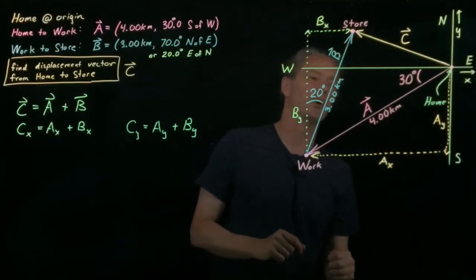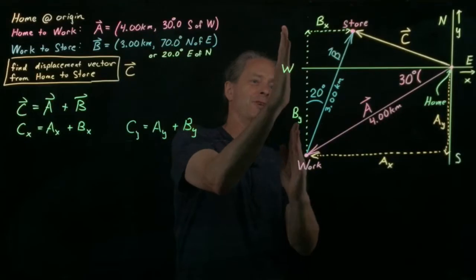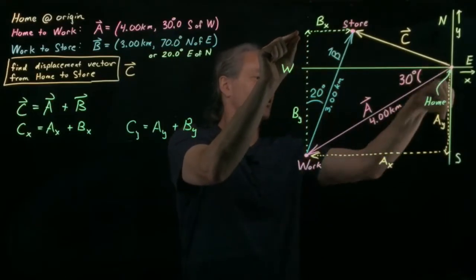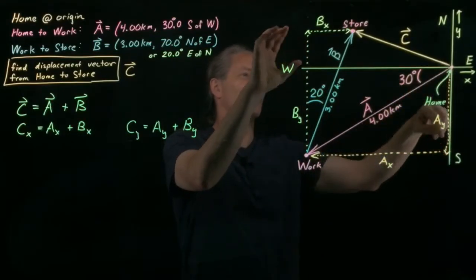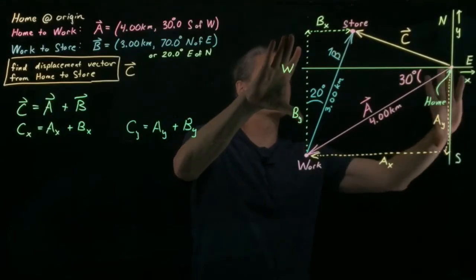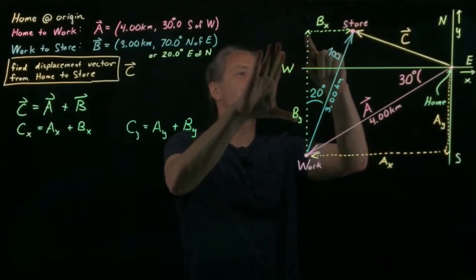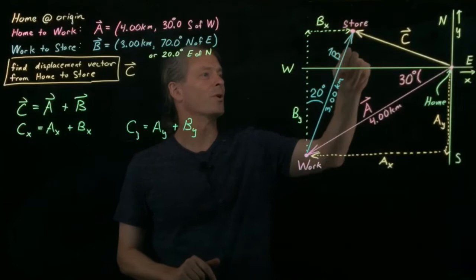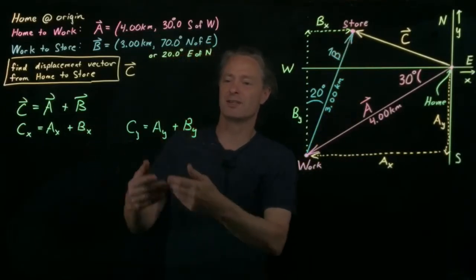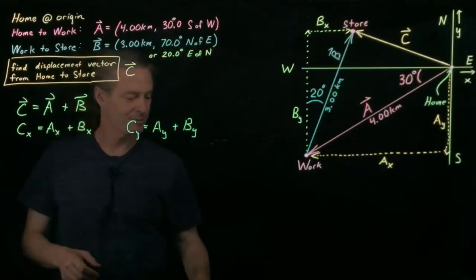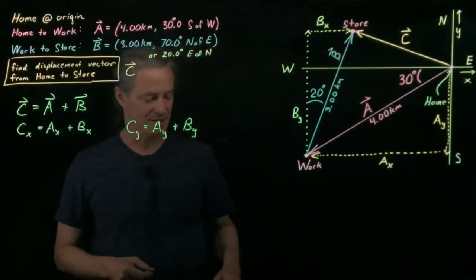Likewise for the y component, I've got this y component upward, I've got this other y component, which is negative downward. If I take this and lop it off of that, I'm left with this, and there's the y component of vector C. So that's the conceptual explanation of this here. All right, so let's calculate these components.